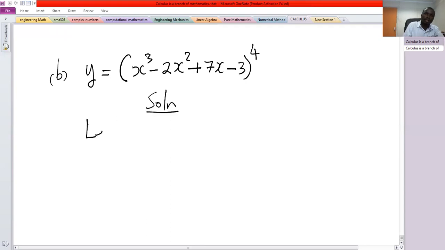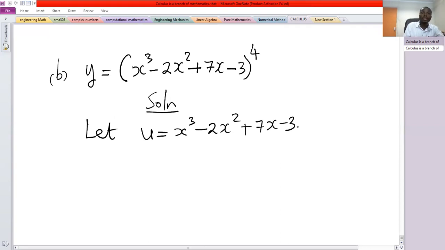You say let u be x cubed minus 2x squared plus 7x minus 3. So this implies that y will be equal to u raised to power 4, because everything here has been fixed to be x.